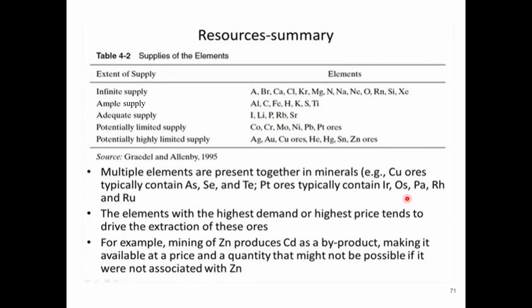So rhodium maybe Rh. Please check these elements in the element table. The elements with the highest demand or highest price tend to drive the extraction of these ores. For example, mining of lead and zinc produces cadmium as a byproduct, making it available at a price and a quantity that might not be possible if it were not associated with zinc.